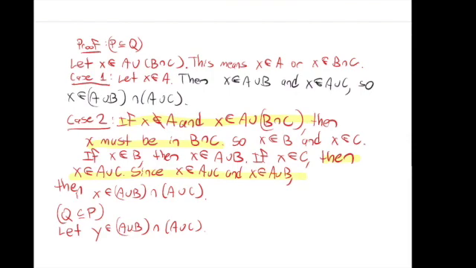You need to justify that: if it's in B and C, why does that justify that it has to be in both A union C and in A union B? There's not too much you need to say. There's one sentence, but I do think that sentence in between is really necessary to join those two. Any questions?